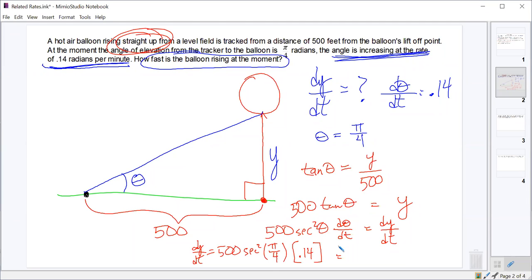So what's the cosine of pi over 4? Secant squared of pi over 4 is 2. So cosine of pi over 4 is root 2 over 2. So if we flip that, that's 2 over root 2, or just root 2. And if we square that, we get 2. So this becomes 500 times 2 times 0.14, which would be 140 feet per minute.